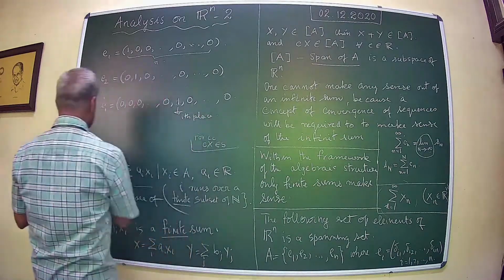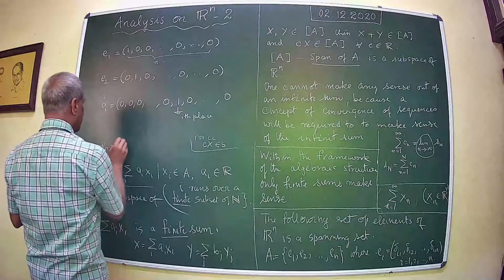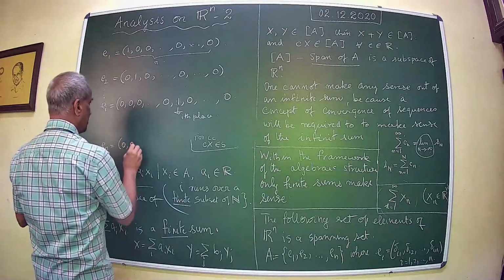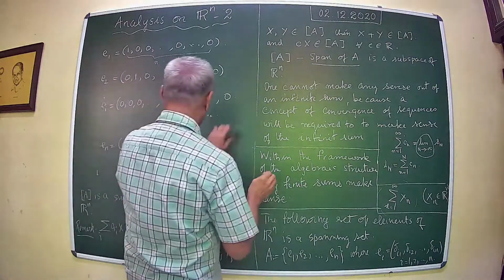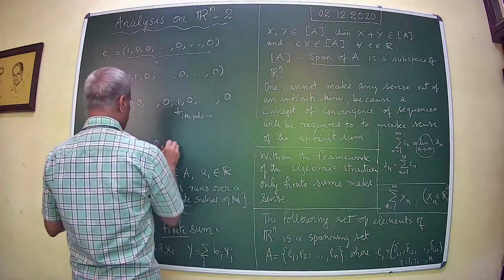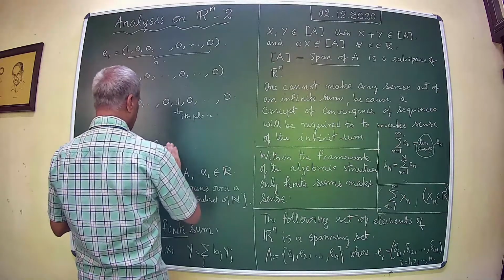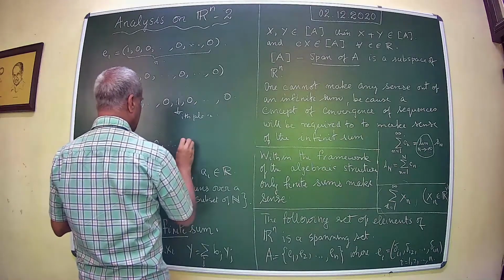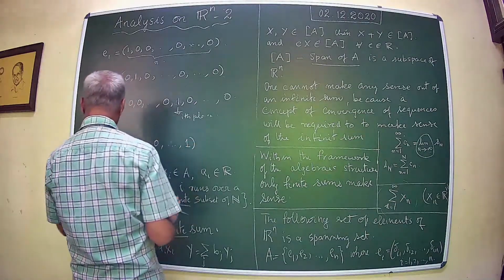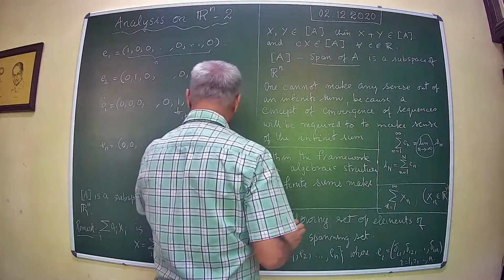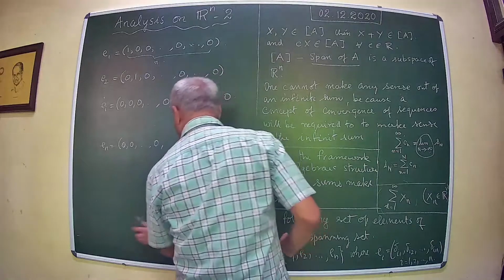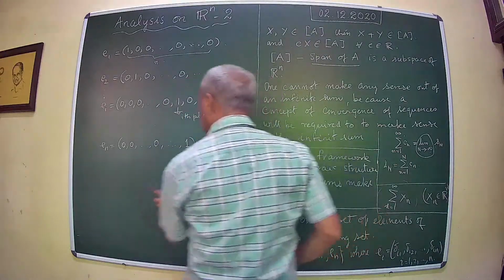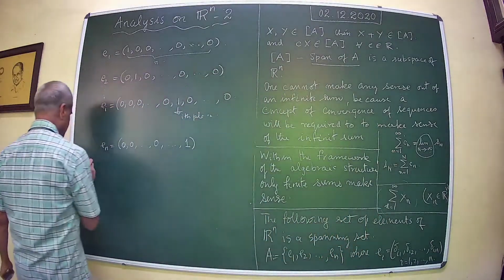And of course e_n. Now, the first observation is about the span of these vectors.